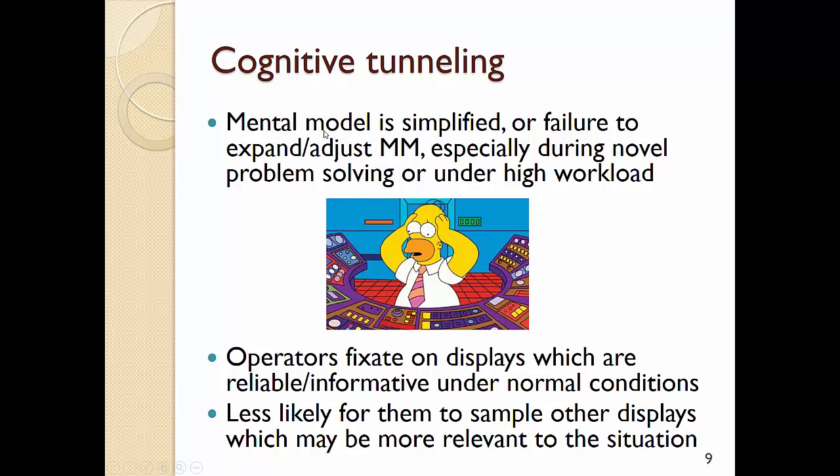So if you're a problem solver, so you're this operator here, and things are starting to go wrong, and you have an understanding of how the system works, the mental model. We talked about that in the displays topic. And this model gets simplified because all of our cognitive resources are being oriented towards these things that we see as stressors and not on solutions. And so we can't expand this, we can't adapt it, or we tend not to.